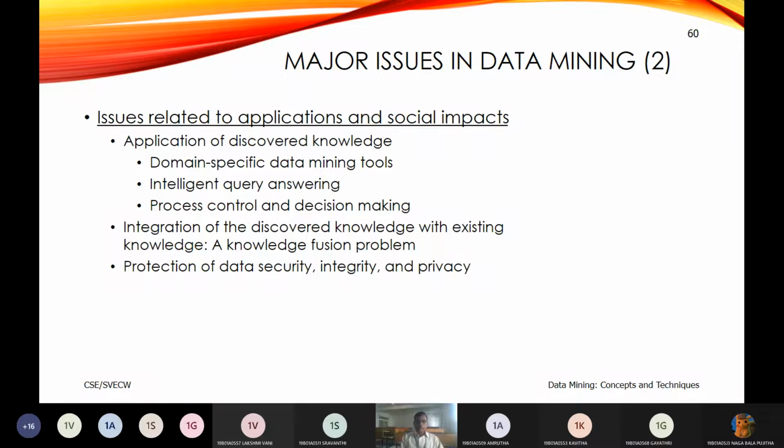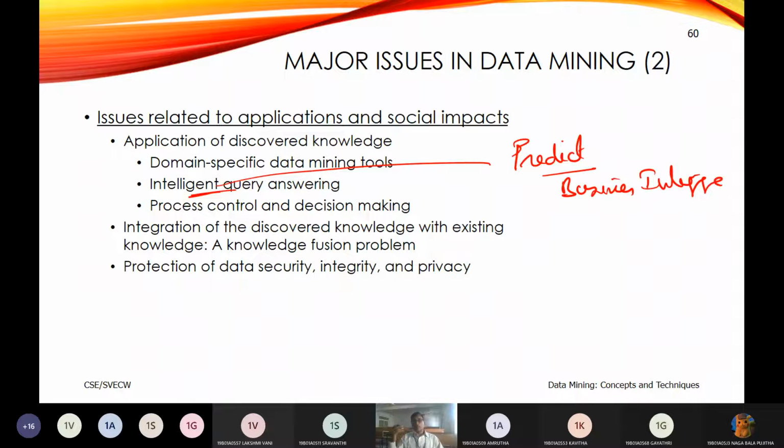Next thing was, the queries are going to be intelligence. Intelligence we are going to call here as predicting. So this is business intelligence. The end objective was to gain a quick insight or give a forecast: tomorrow's business, how it is going to be affected.